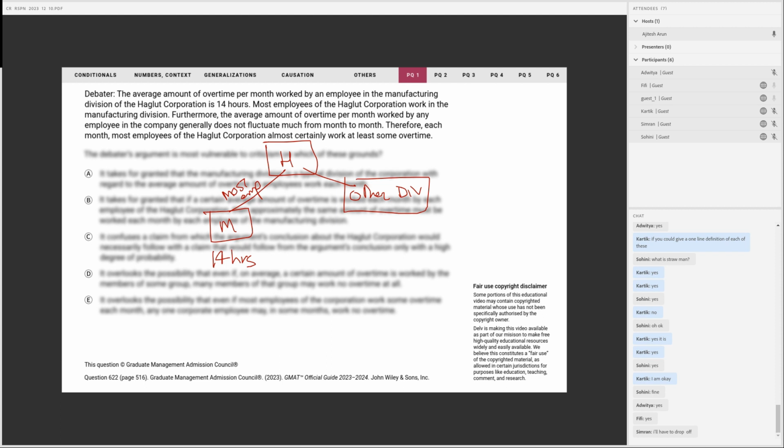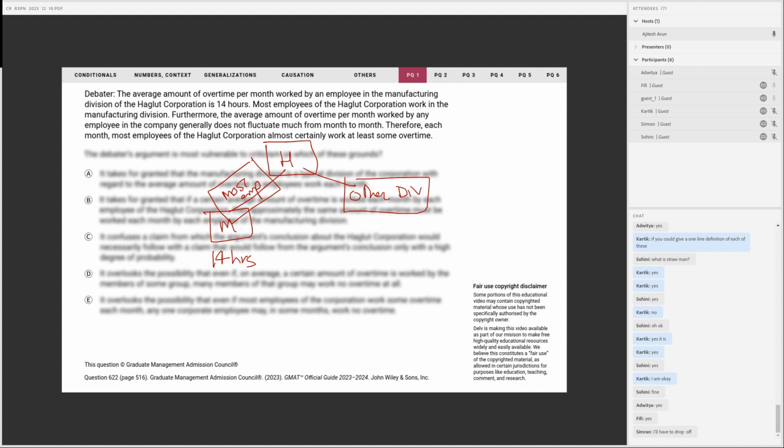So, how are they getting to their conclusion? They are getting to their conclusion on the basis of this. They are saying most employees are in this division, and the average overtime in this division is 14 hours. And therefore, most employees of the company work at least some overtime. Why? Because most employees are in the manufacturing division.